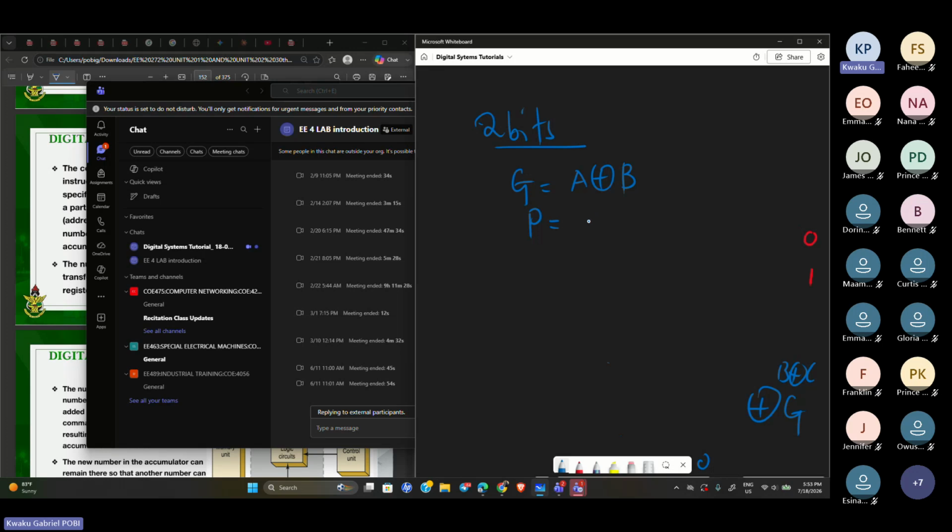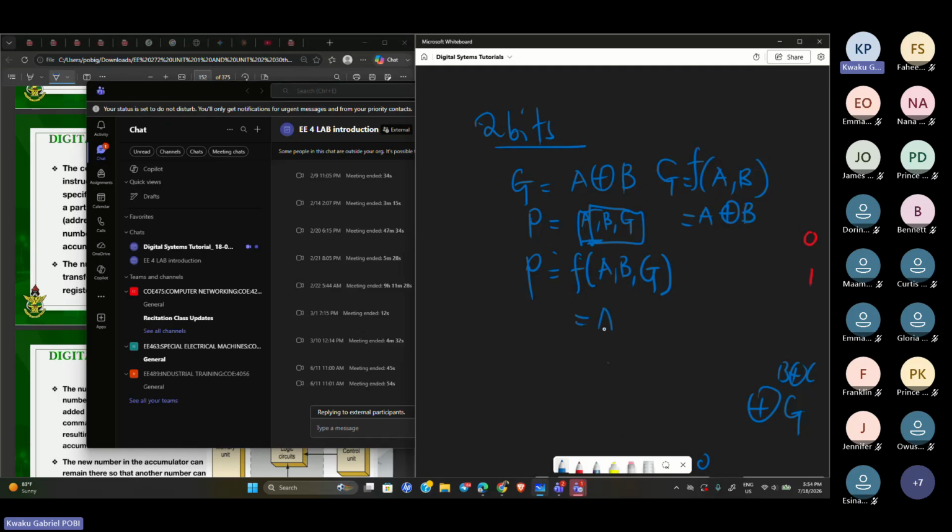The 3 inputs are A, B, and then the generator, so you append the generator with it. So it's like P is equal to F of A, B, and then G in this case. And then G is actually a function of A and B, which is A XOR B.